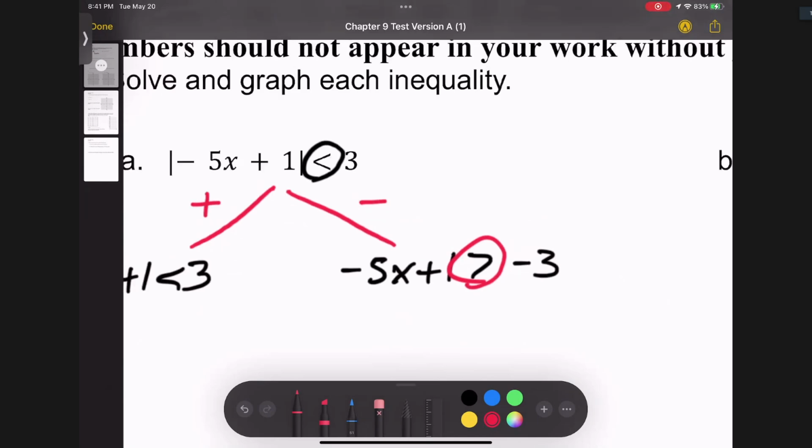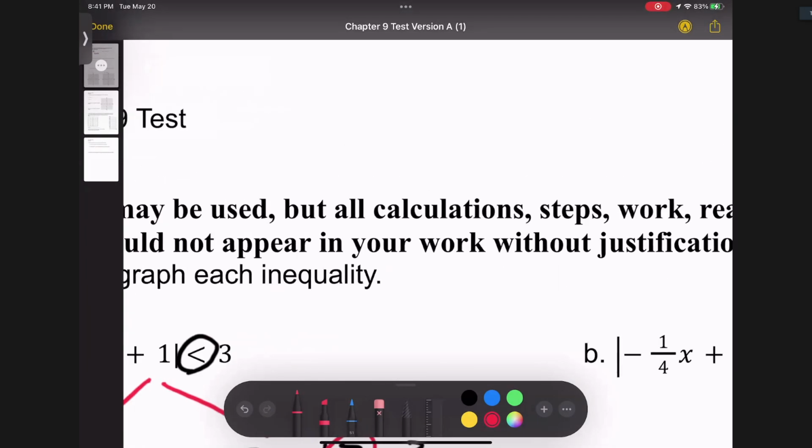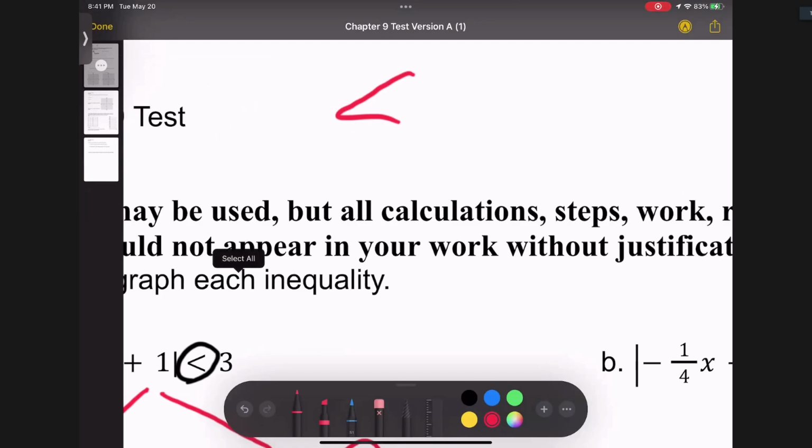The reason why is because whenever you multiply or divide by a negative number, when you're dealing with inequalities, the inequality symbol switches directions. So for example, if you're facing this direction and say that you divide by -2 on both sides, the sign flips.